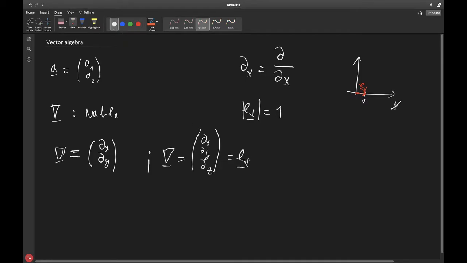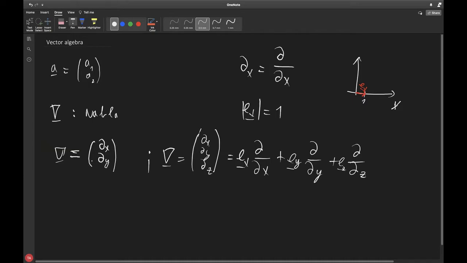That means I am deriving everything by x in the x direction, I am deriving things by y in the y direction, and I'm deriving things by z in the z direction. Since physicists are lazy, we usually like this notation a lot.